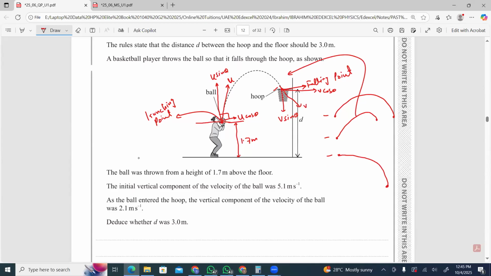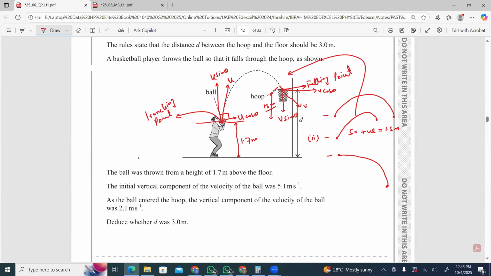And in this second situation, when you find out the distance, it is actually always positive. So for example, if I calculate and the answer is going to be plus 1.5, it means when the ball will fall, it will be actually at 1.5 meter from the launching point.